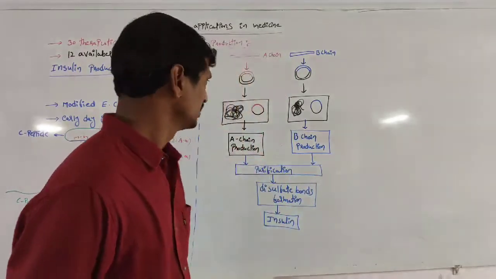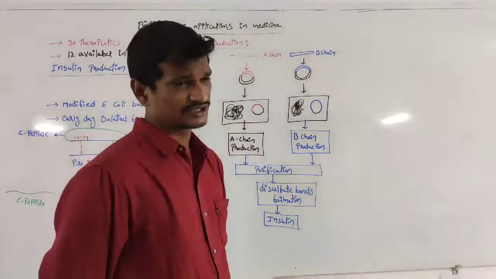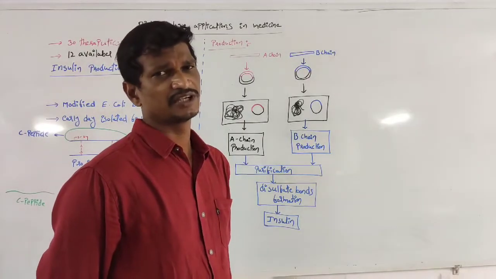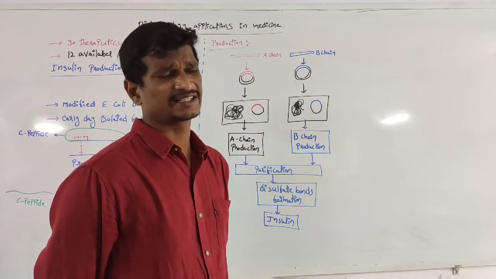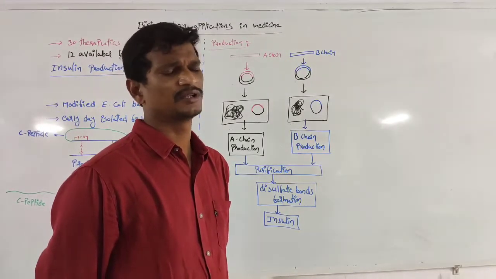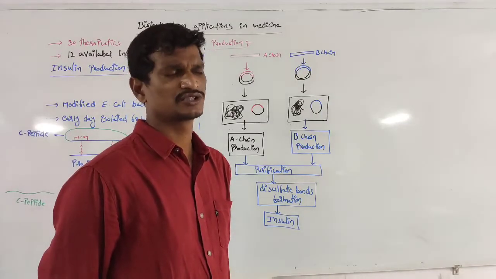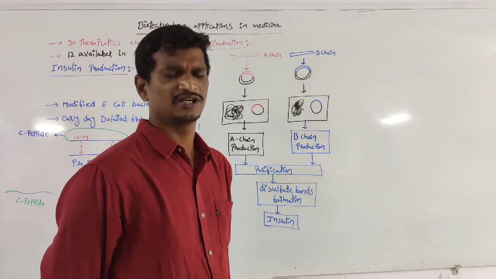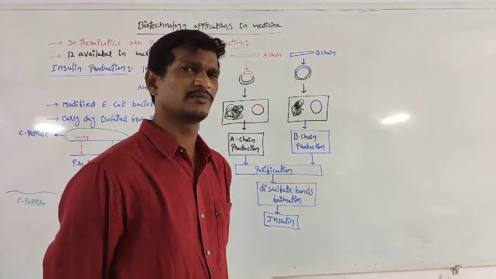Now the history: in the initial days, for insulin extraction, pig pancreas was collected, crushed, and the insulin hormone was isolated and purified, and that was made available in the market.